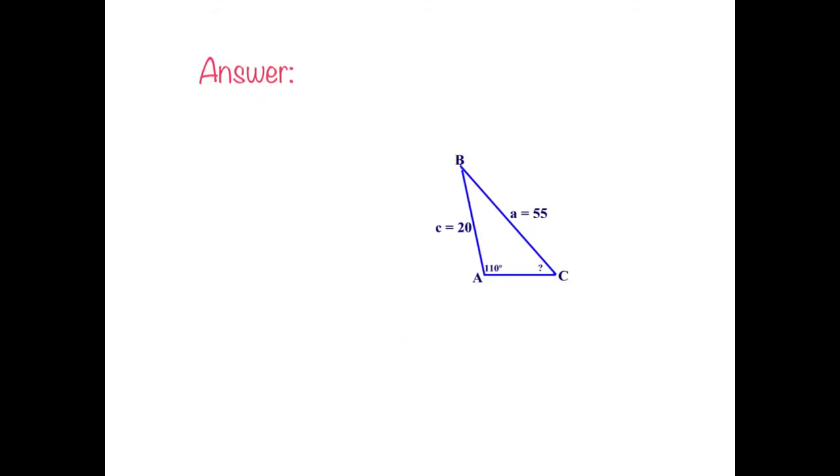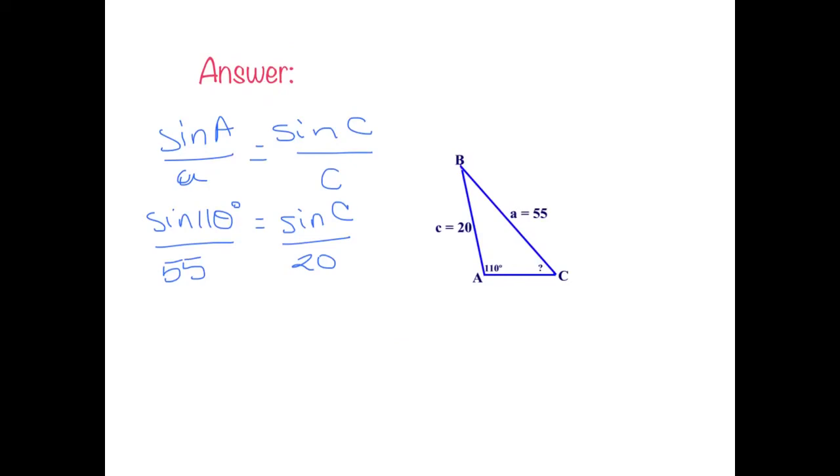So the answer here, we're going to set it up. So there's my setup, then I'm going to fill in the values. I'm going to cross multiply and divide to get sine of c, or sine of x, by itself. Make sure you divide both sides by 55. Some people still divide by the wrong thing at this step.